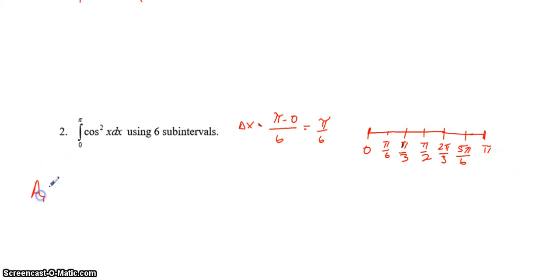So 1/2 from the formula. The height, the delta x. Now plug in each one. So cosine squared of 0.